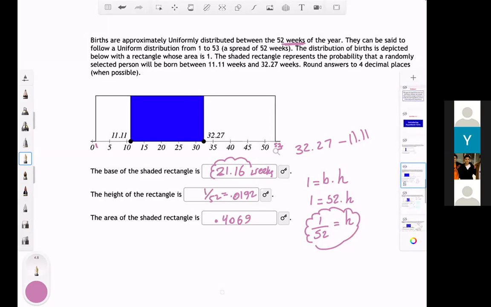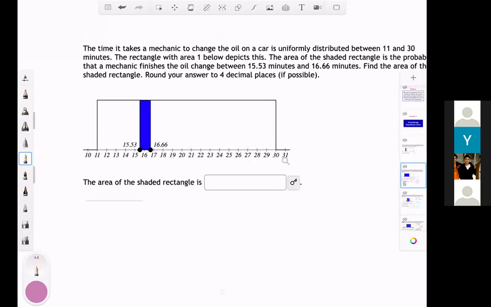Let's have one more. The area of the shaded rectangle is. Anybody solve this? I got 21.47.